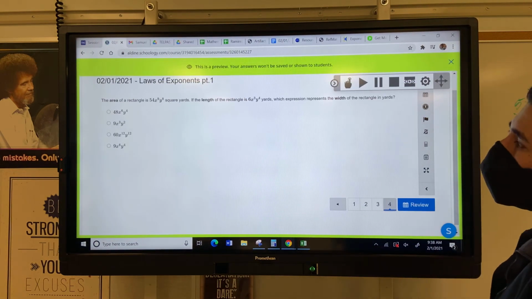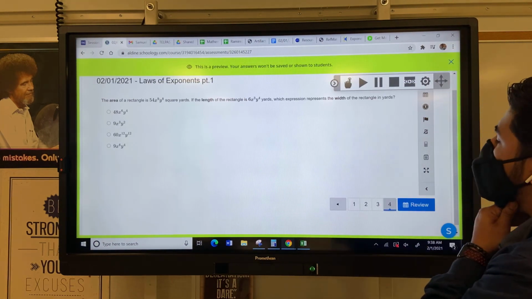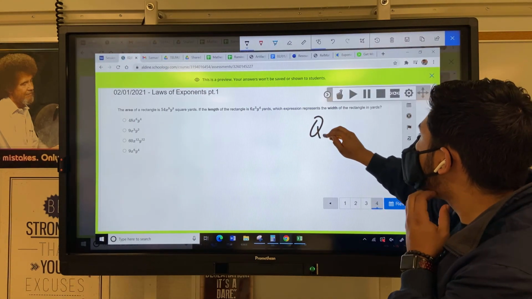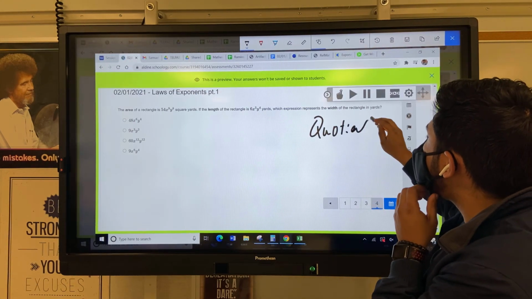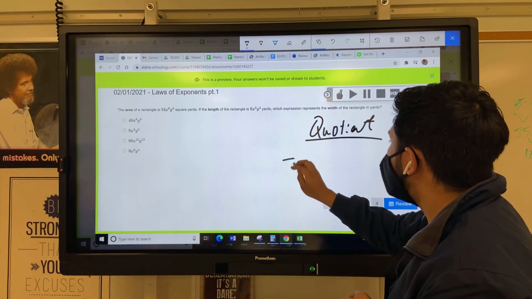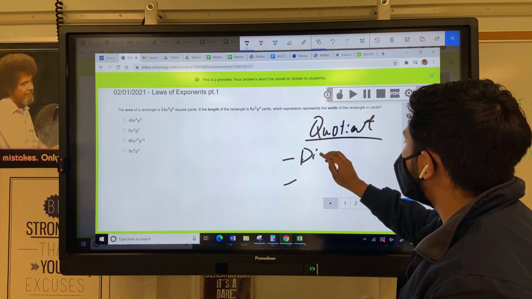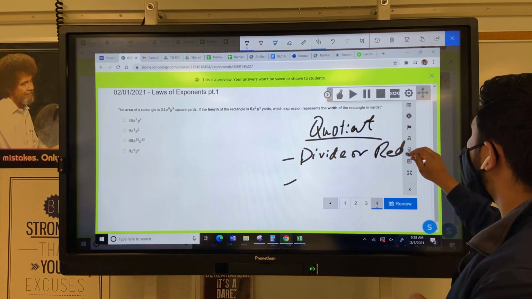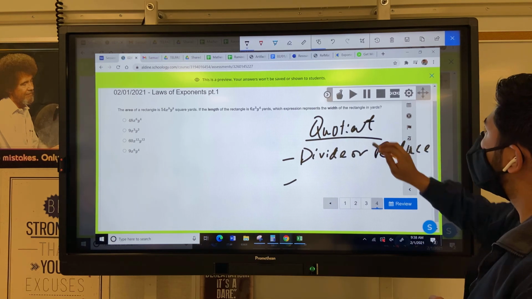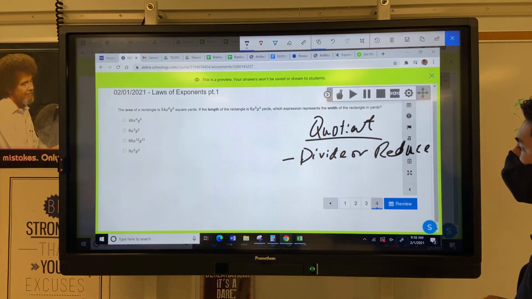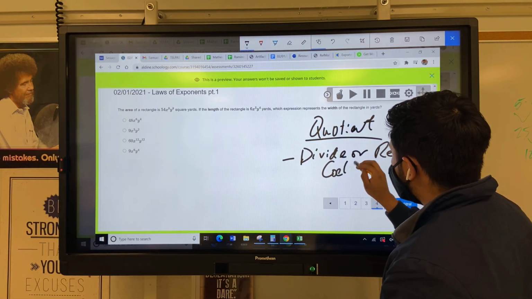Last one. This one's another quotient. I can't tell you how to set it up because you need to be able to read, but quotient power means you divide or reduce coefficients.